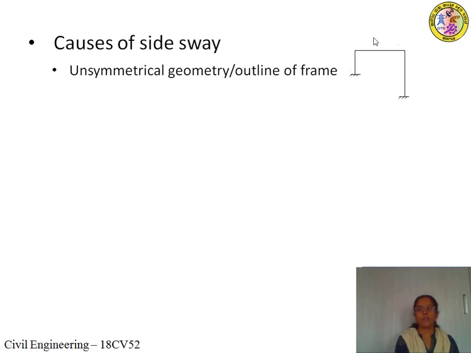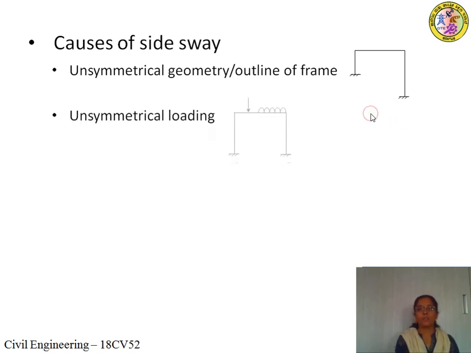Therefore by visualization only we can clearly identify it as an unsymmetrical frame. Also we don't have any support at the beam line, so this is a sway frame. Such frames with unsymmetrical outline will undergo sway.